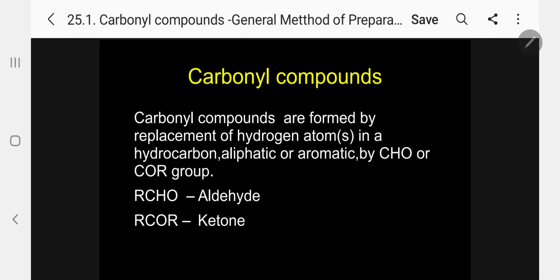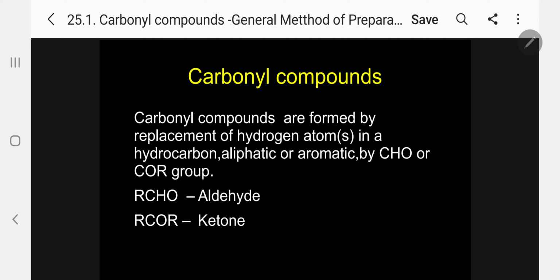Now, even though carboxylic acids are given as per the syllabus under the carbonyl compounds, I will discuss aldehydes and ketones separately and carboxylic acid separately, because the behavior and properties of carboxylic acid are entirely different from carbonyl compounds.